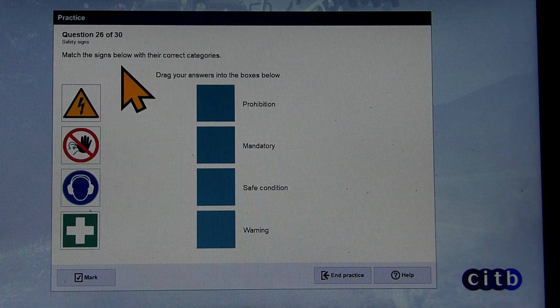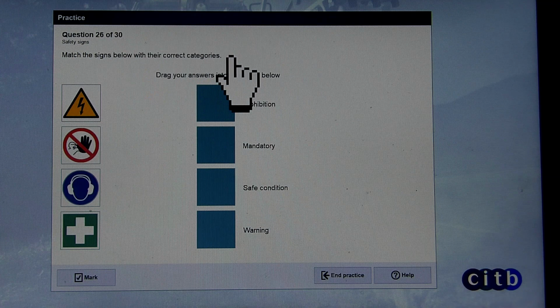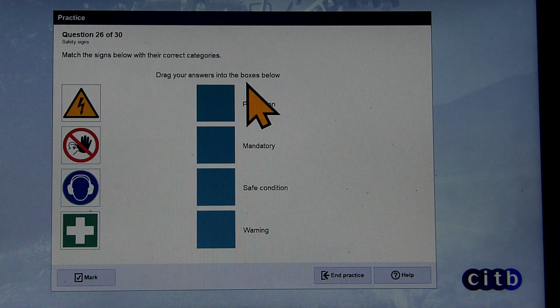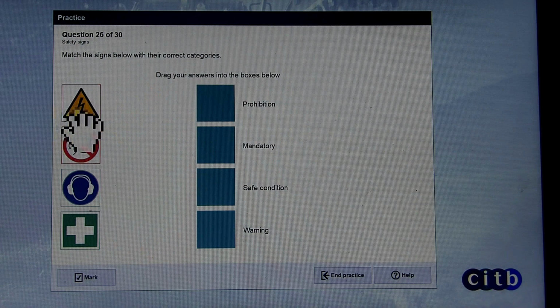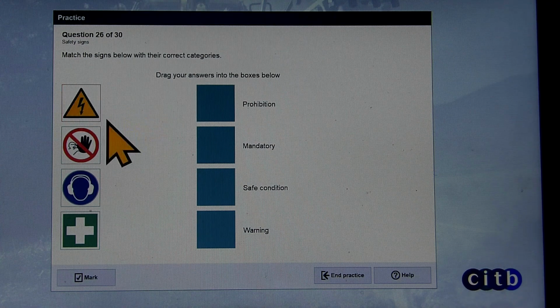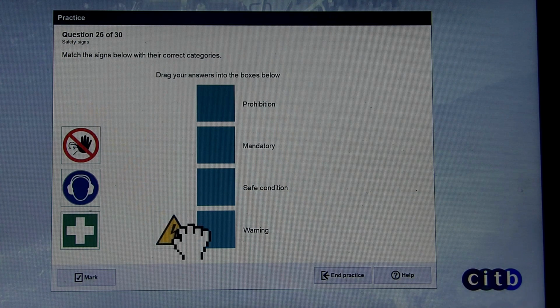Match the signs below with their correct categories. Drag your answers into the boxes below. We need to drag them, as we have said before. This yellow must be dragged to what? Yellow means warning.